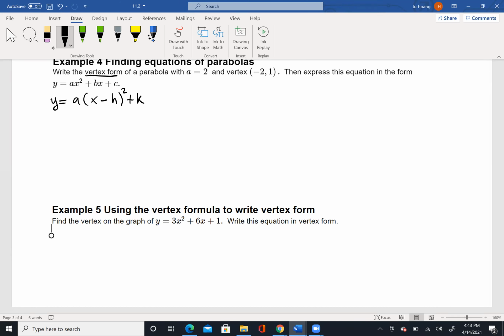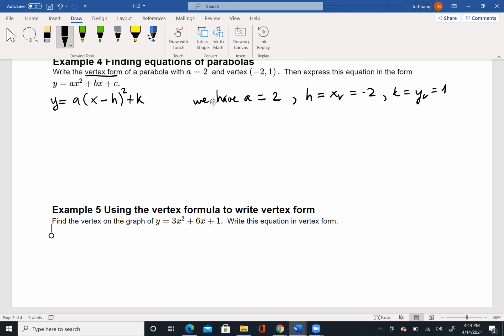So in here we have a equal to 2 and h equal to -2. h is the x value of the vertex, which equals -2, and k is the y value of the vertex, which equals 1.